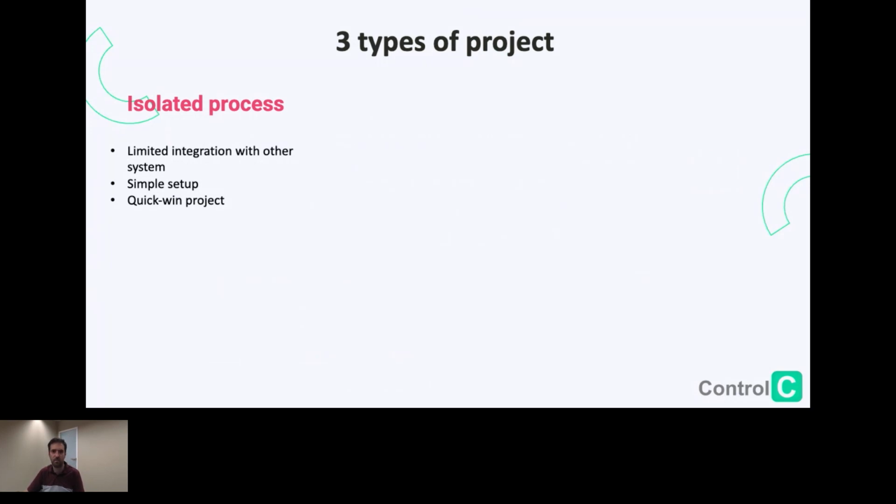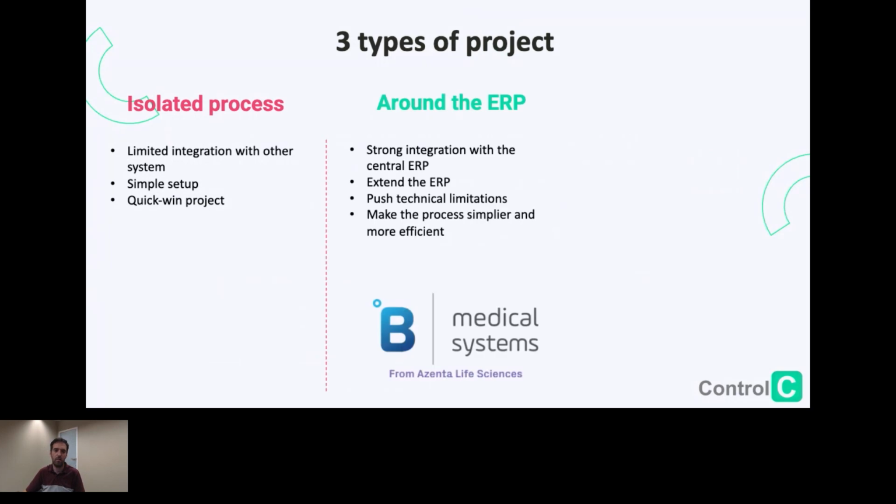The second type is building some solutions, some applications around an existing ERP. I named the ERP here, but it could be any kind of other, let's say, main system within a company.